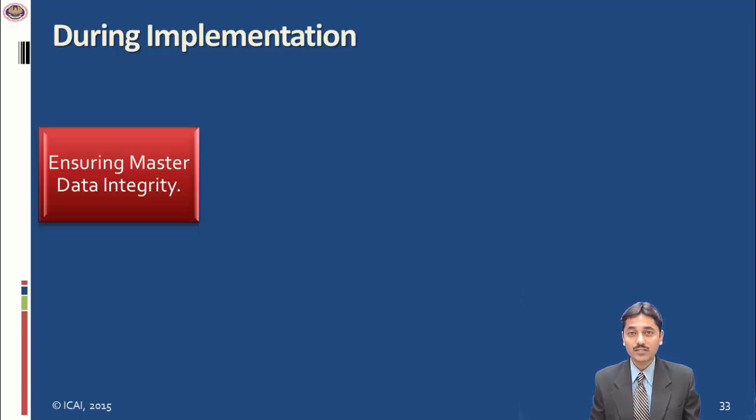Most of you must be knowing the importance of integrity of master data, but for others who do not understand it, let me discuss something about it. Master data is that data which remains relatively permanent, which does not change frequently. In any accounting system, there are two types of data. One is called master data and the other is called non-master data.